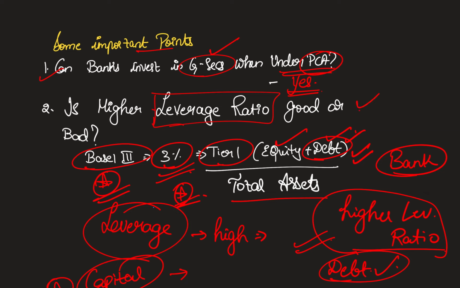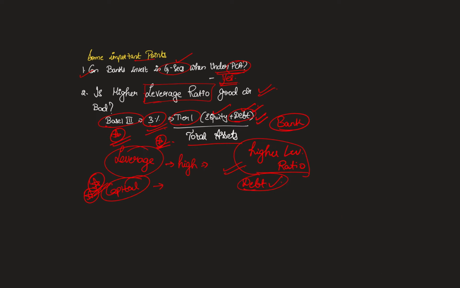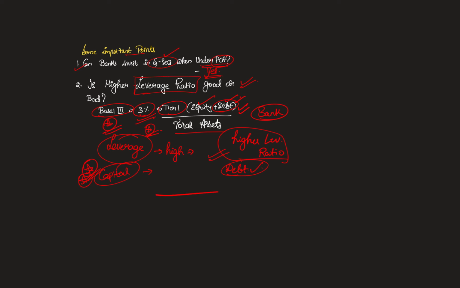Generally, a higher leverage is not a healthy sign, but for banks, as recommended by the Basel III committee, capital is even more important than the debt, because if capital is there, we can eventually lend more and ensure that repayment is done to the investors. So these are the important points that we have to understand with respect to the concept of prompt corrective action.